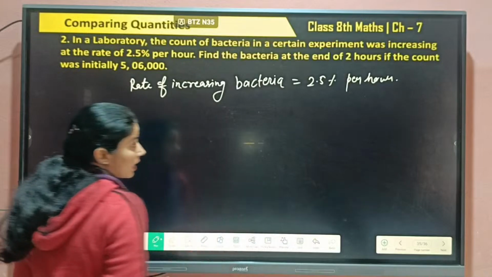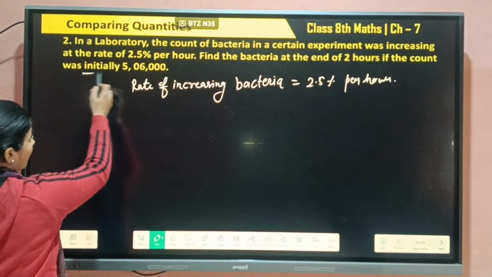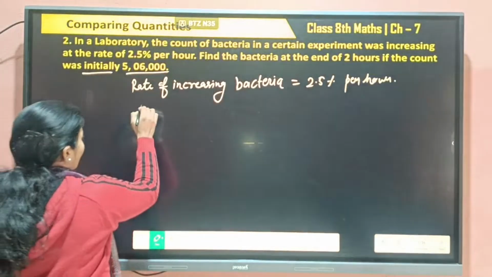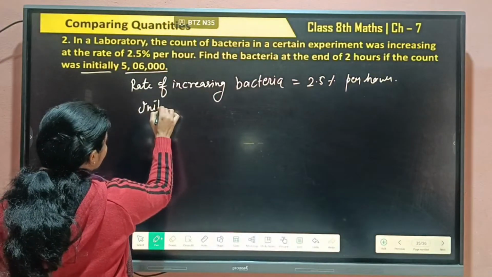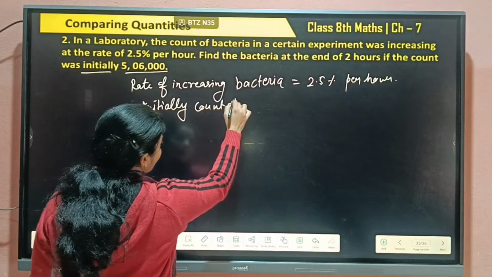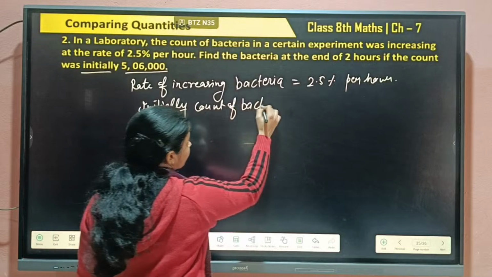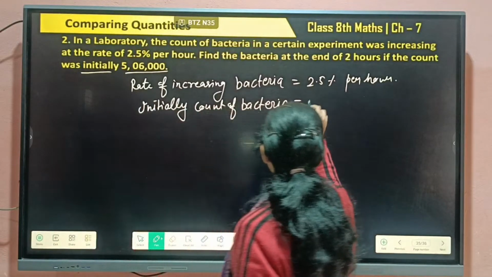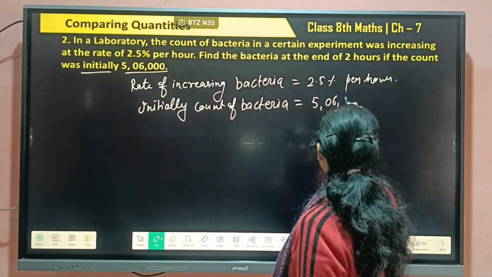And what was the count of bacteria? Initially it was 5 lakh 6,000. Initially, the count of bacteria is 5 lakh 6,000.